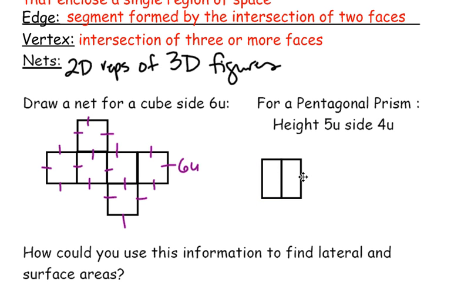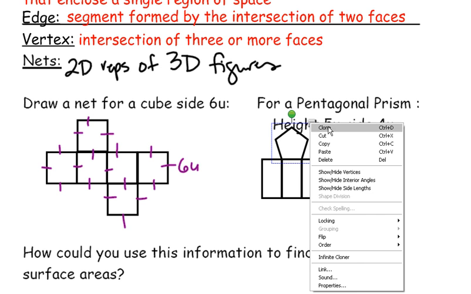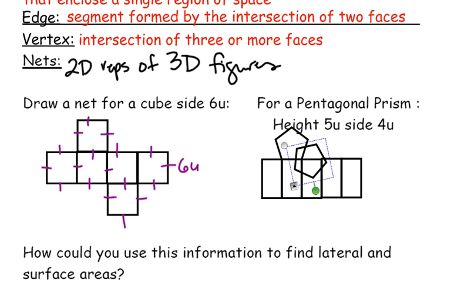So 1, 2, oops, gotta go back to my original, 3, 4, and 5. All right, and then I need a pentagon to go for my bases. So let's draw us a little pentagon that's about the right shape. Okay, so one at the top, and then I need another one on the other side of my lateral faces.